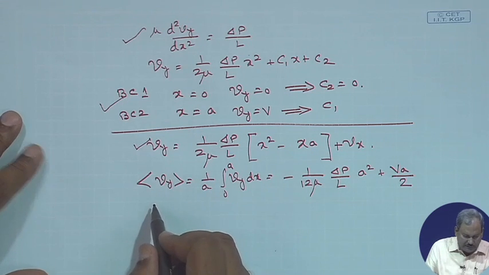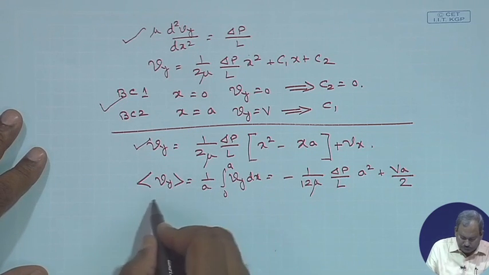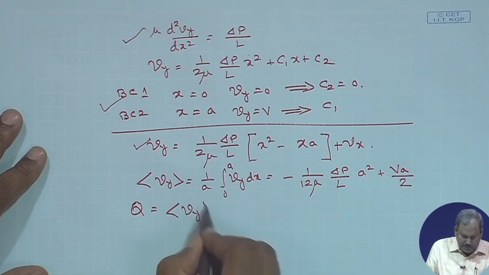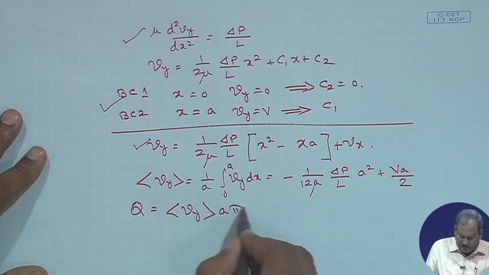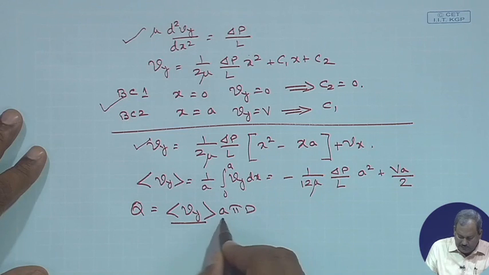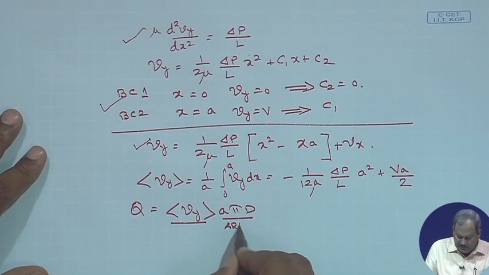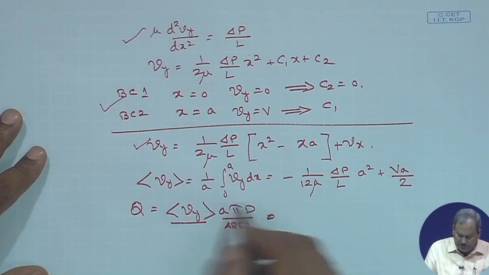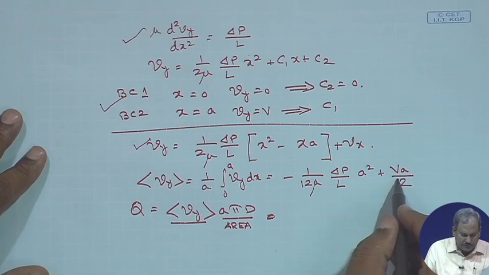Once you have the average velocity, you should be able to obtain the flow rate, which is a times pi d times the velocity times the area, and you should be able to obtain the expression from here.